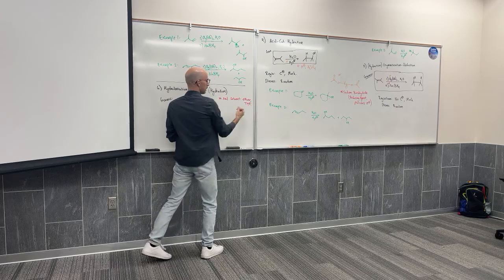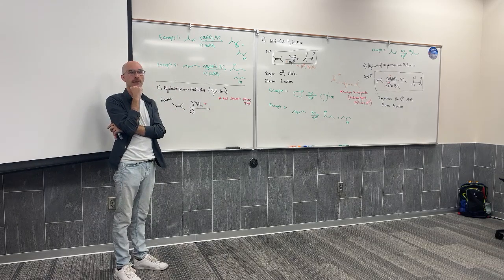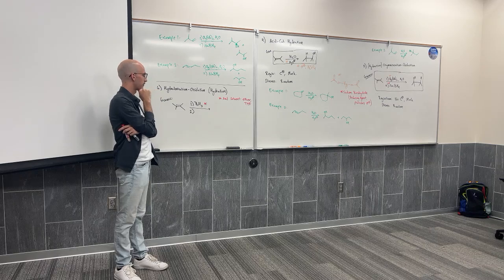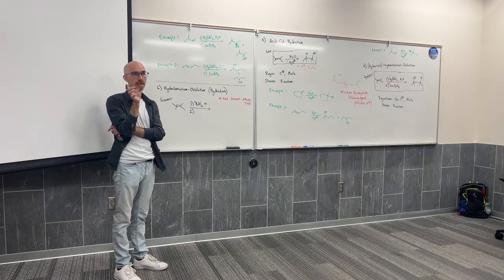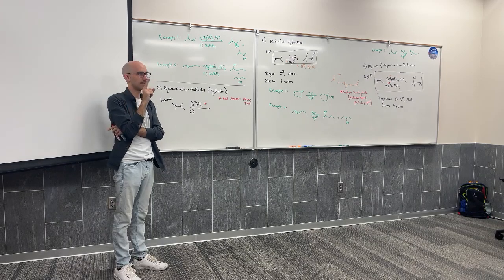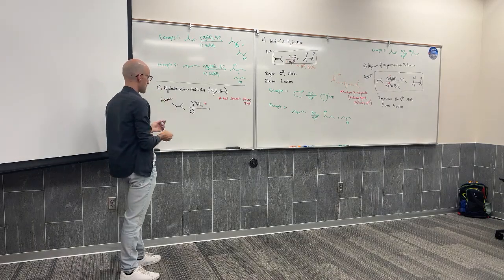Also, very commonly run in an ether solvent, like THF. So you'll see a lot of places that report BH3 THF. THF is not doing anything. It's actually intentionally doing nothing. It's inert to the BH3.